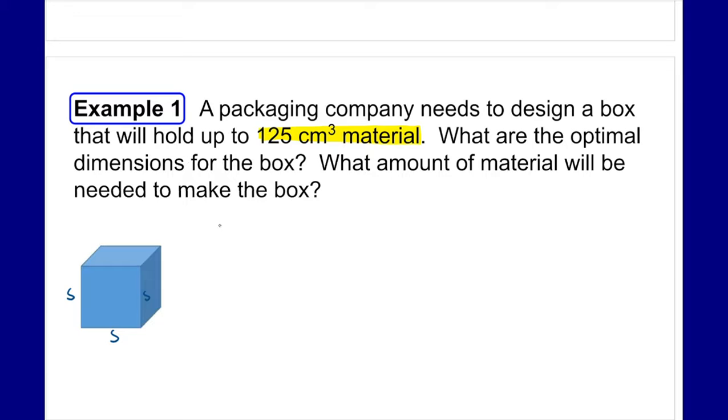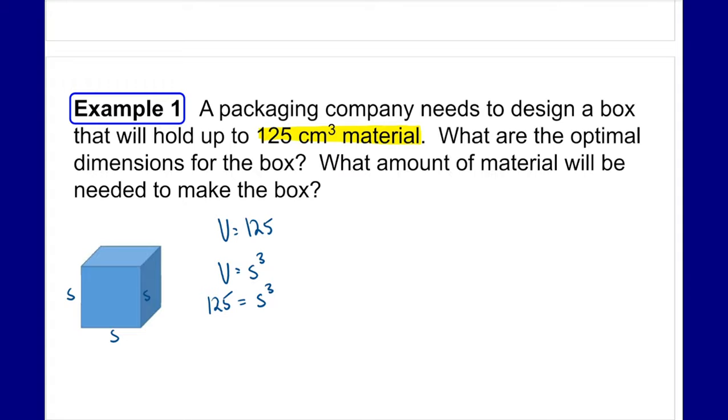So we know that the volume is equal to 125. We can plug this into our volume equation for a cube, to find the side length. Volume is equal to side cubed. In our case, the volume is 125, so 125 equals a value cubed.